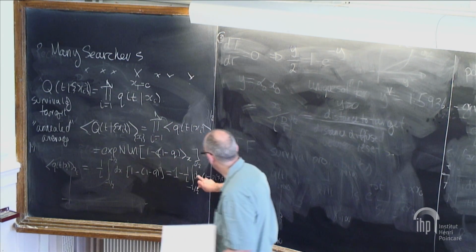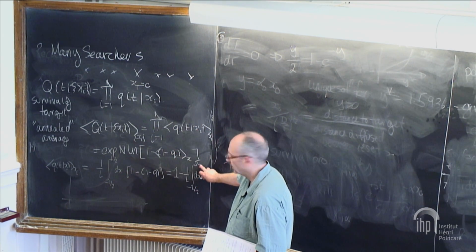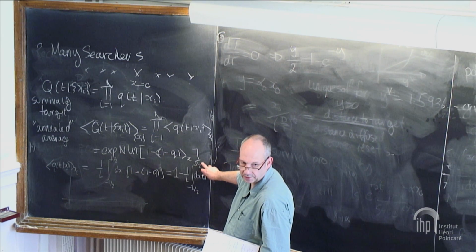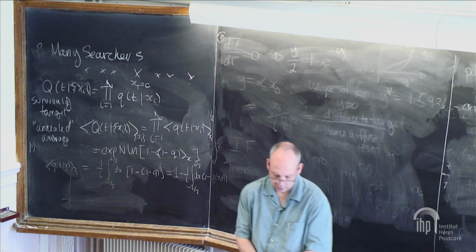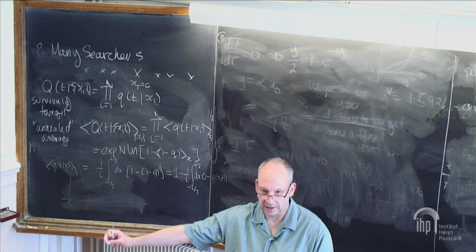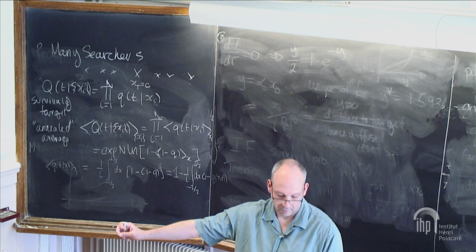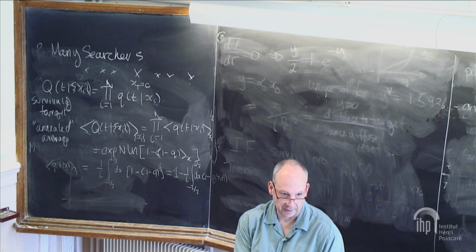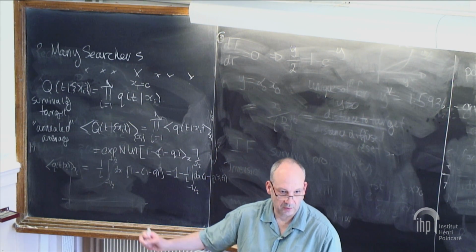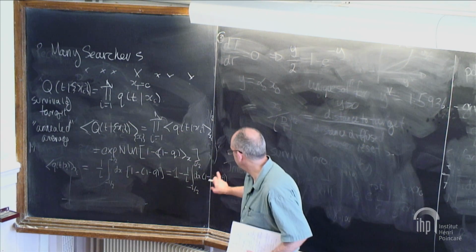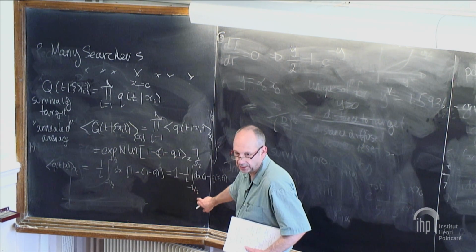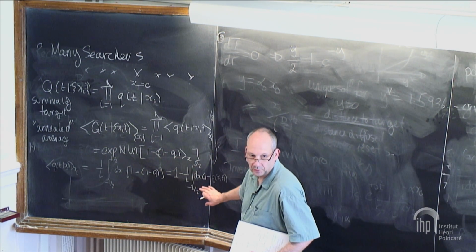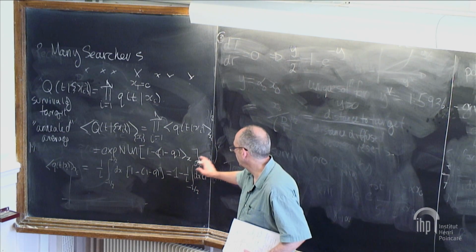Now, the point is when x becomes very large, so the initial position is very far away from the target, then the survival probability goes to 1. So actually, this integral, I can take the limit L goes to infinity, and it will converge to some finite value.